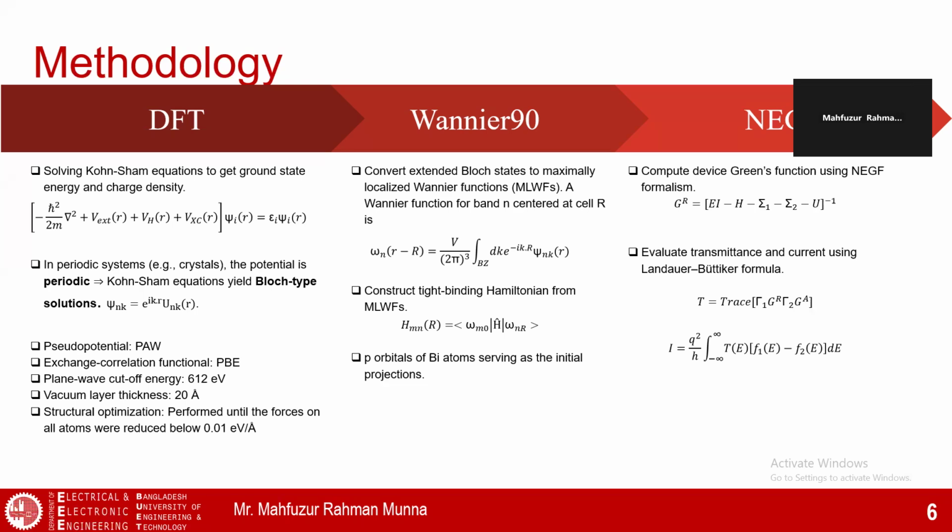For that purpose, I used the Wannier90 package of Quantum ESPRESSO to transform these extended Bloch states to maximally localized Wannier functions. And after getting the maximally localized Wannier functions, the tight binding Hamiltonian is generated.